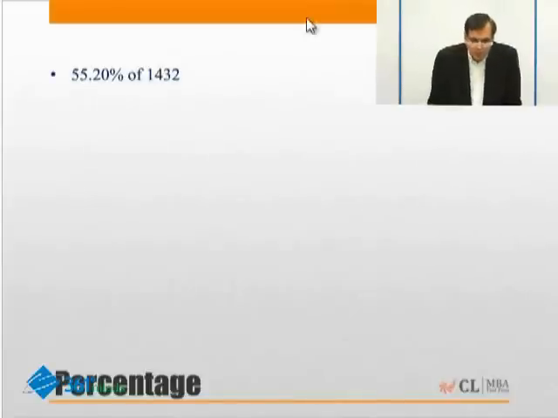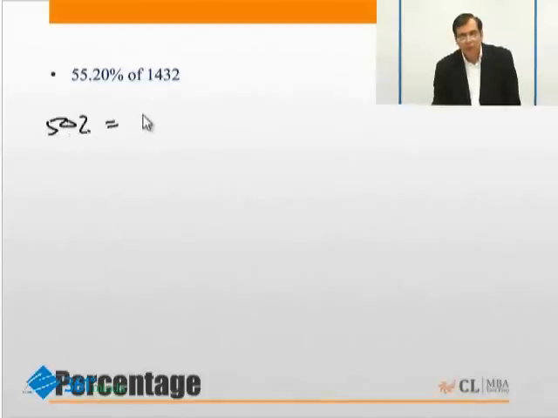Let us look at the next question. 55.2% of 1432. Should not be difficult. What is 50% of 1432? Let's look at two different ways for this question. 50% is equal to 716, half of 1432.